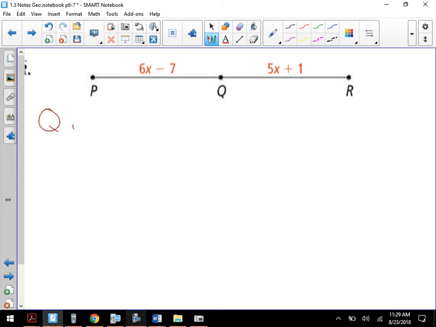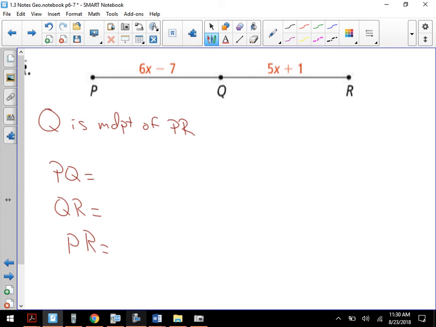Q is the midpoint of PR. What we're going to do is figure out how to solve for those three lines.